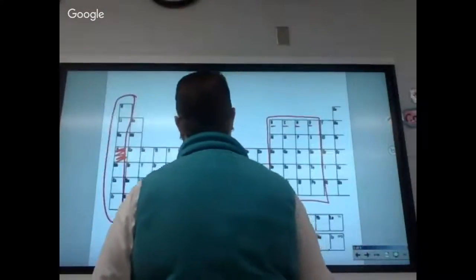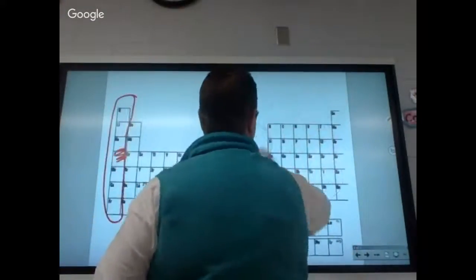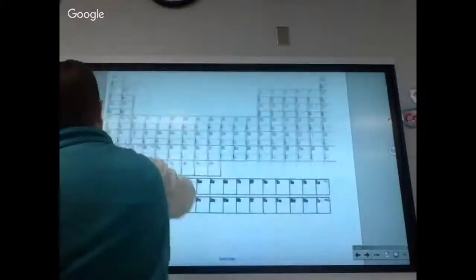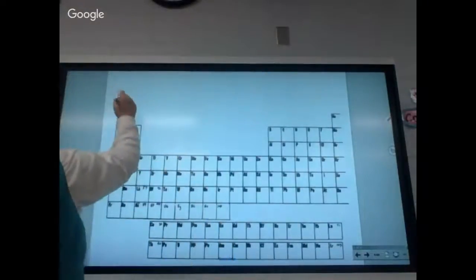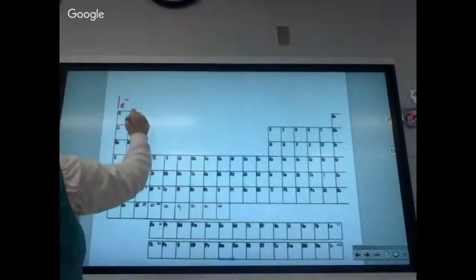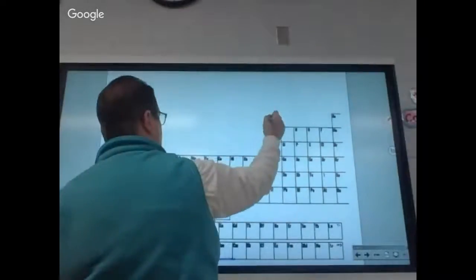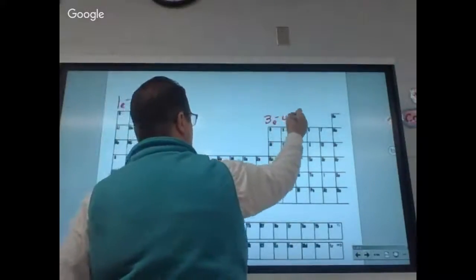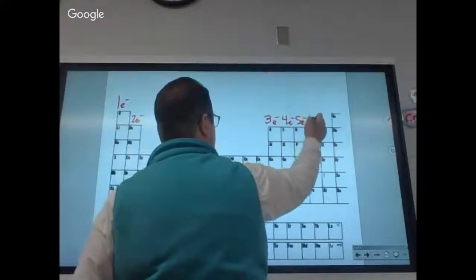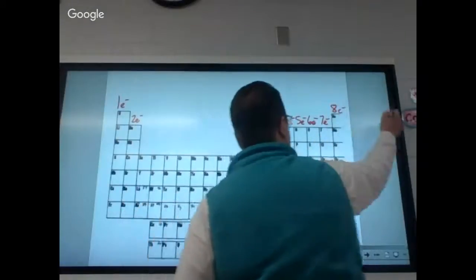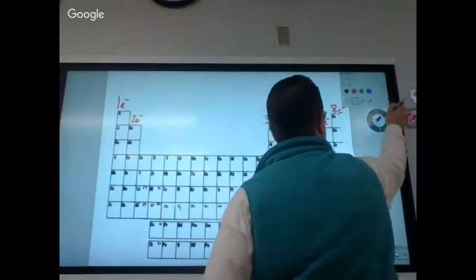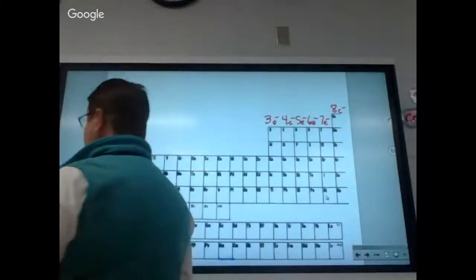How many outer shell electrons does group 15 have? All right? Some of us still can't do this based on the quiz. 1, 2, 3, 4, 5, 6, 7, 8. Those are your outer shell electrons. They count 1 to 8.